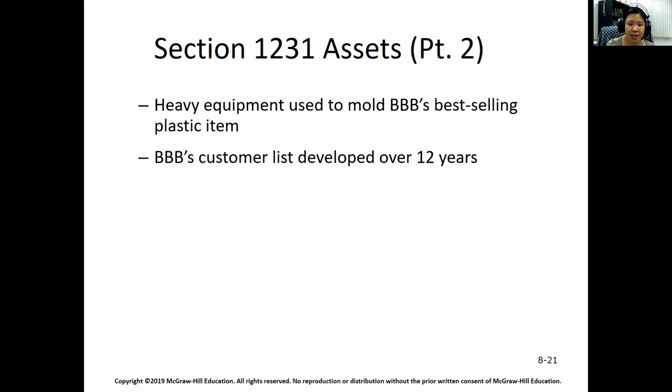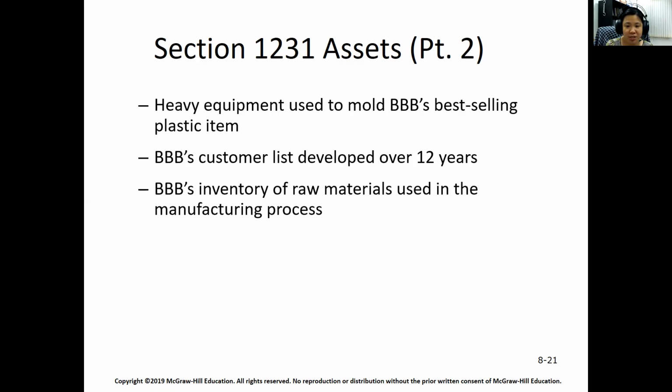BBB's customer list developed over 12 years. Now, can you guess what this is? Is it a capital asset, a regular asset, or a section 1231 asset? The answer is it should be a capital asset.